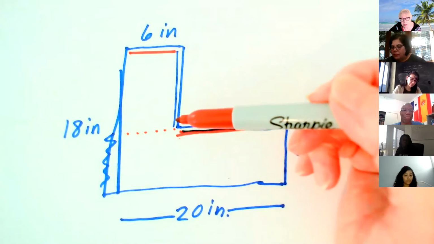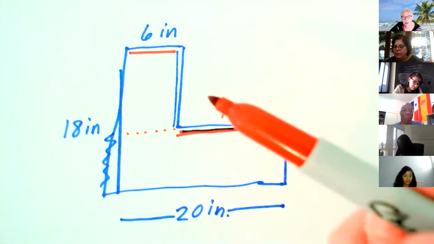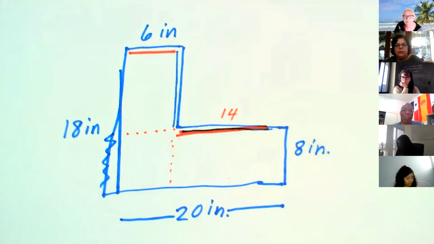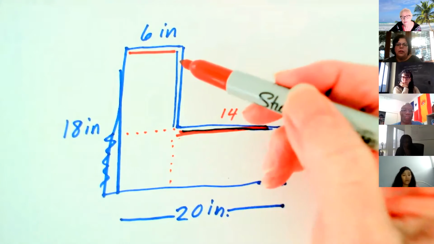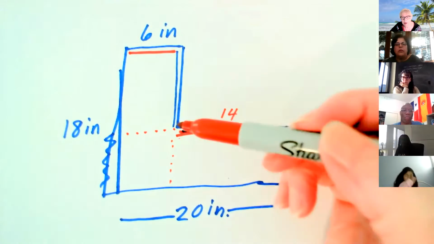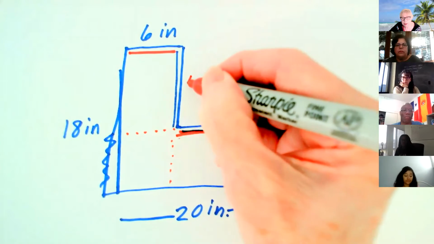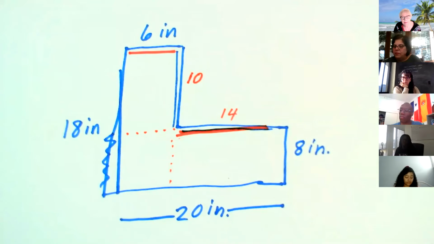So this measurement and this measurement have to total 18. So if all of this is 18 and we already know this much is 8, that forces this to be 10.